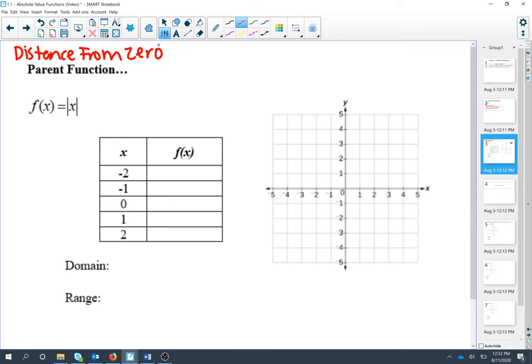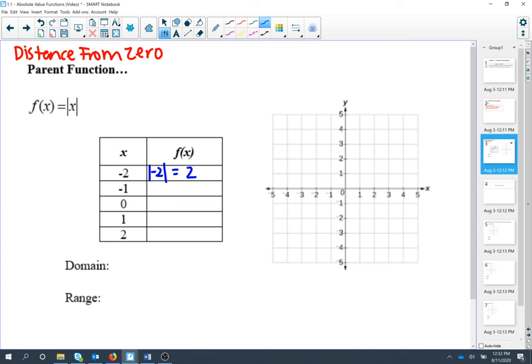So if we're going to graph this function, we're going to start with a table of values. We have our -2, and in order to figure out the value of the function at -2, we're going to substitute it in. So we're going to have the absolute value of -2. Now again, that means the distance. How far is -2 from 0? Well, it's 2 units away, so +2.